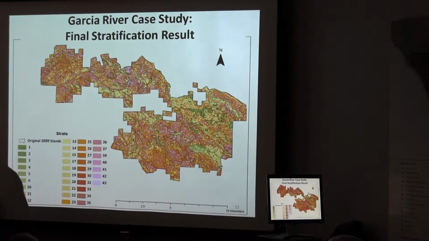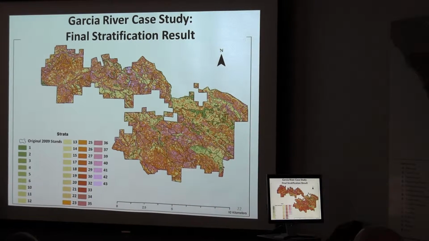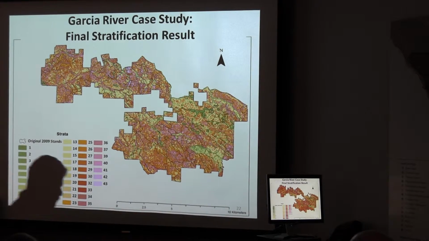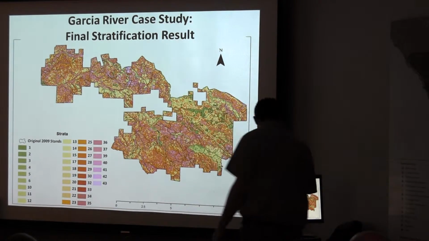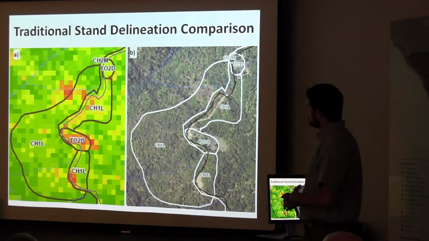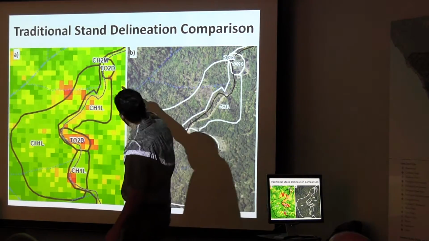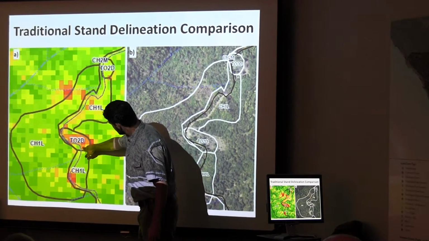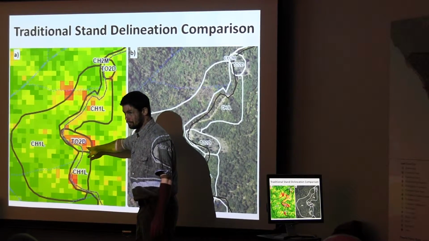It didn't do a good job, and so by doing a better job of capturing the variability, we were able to use less plots. And so if I zoom in and look at a comparison, you can see here's the old stand map boundaries in black, and the grid cells here are the individual strata.